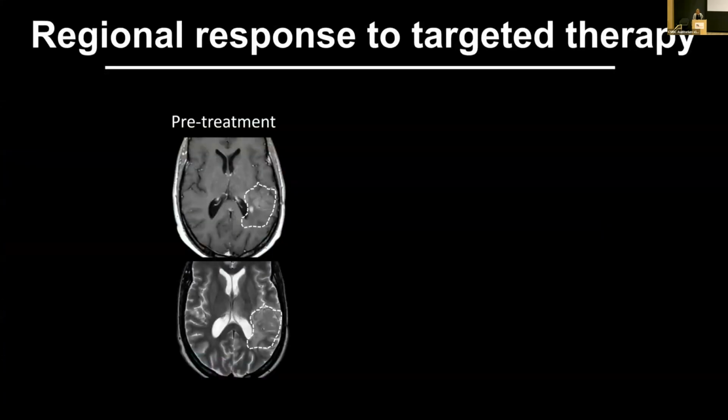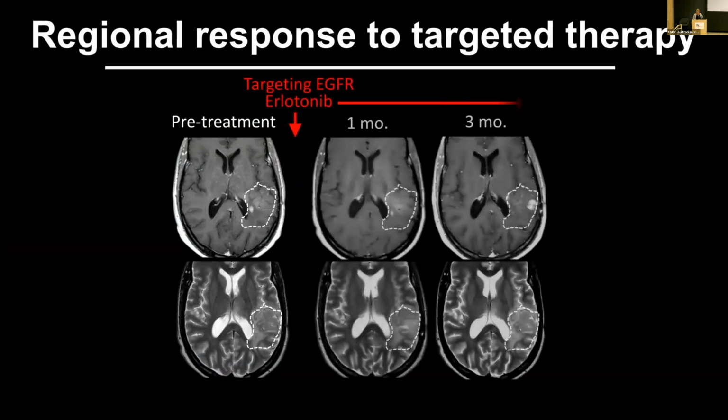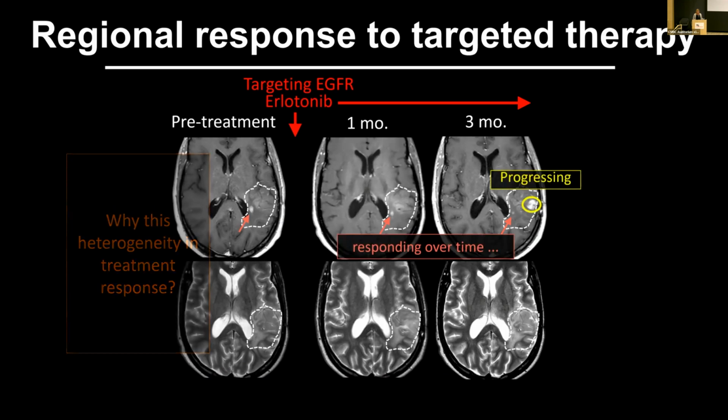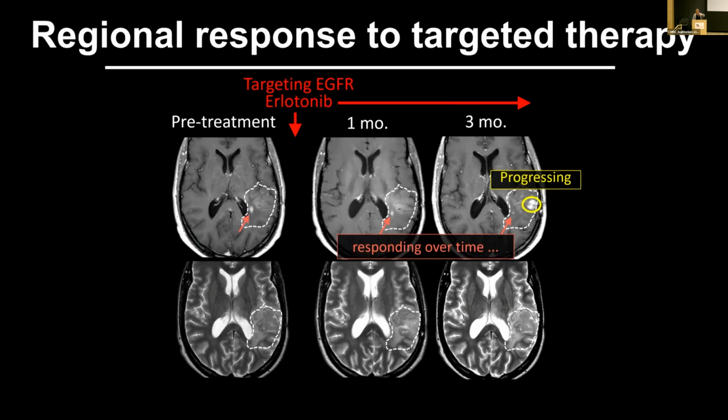So how can you use these sorts of approaches? You can look at regional response to targeted therapies. Again, I'm giving lots of examples from adults, but as I'm relatively new to the PNOC group, we're beginning to overlay insights into this heterogeneity. Here's a patient that received an EGFR targeted therapy, and if we only knew beforehand whether this tumor was EGFR amplified over large swaths of the tumor, that would be useful.